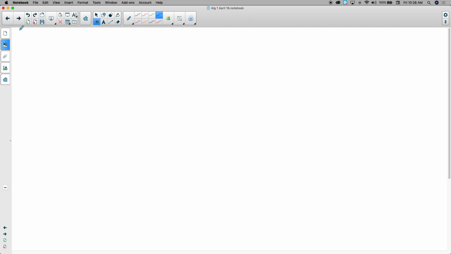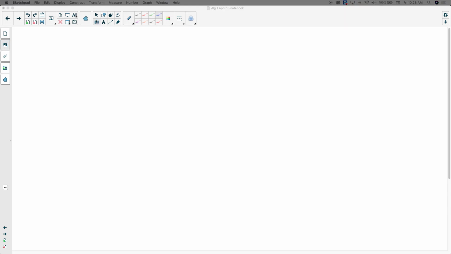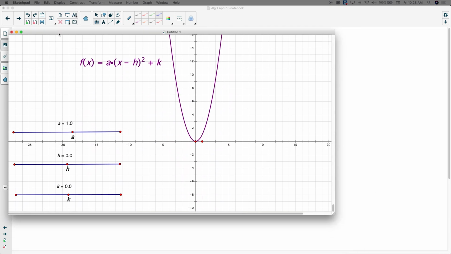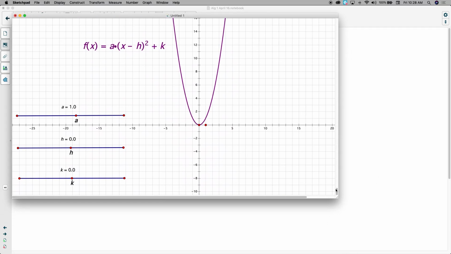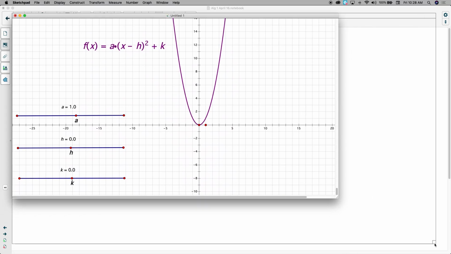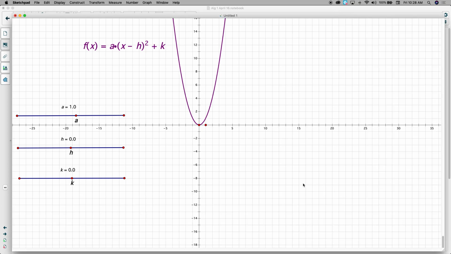Okay, so to show you this new strategy, I built a Sketchpad document, and we're just going to play around with it. And in so playing around with it, I think I'll get my points across. Good news for you, though. You're going to find that it's quite easier to graph it when it's in this particular format.